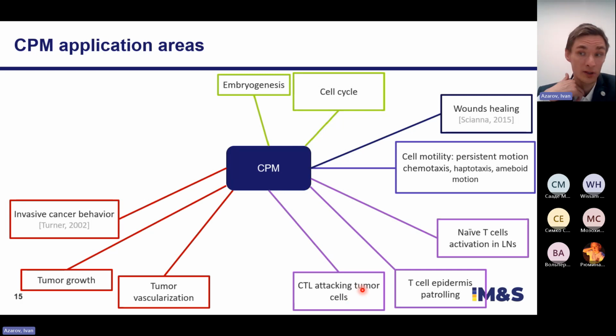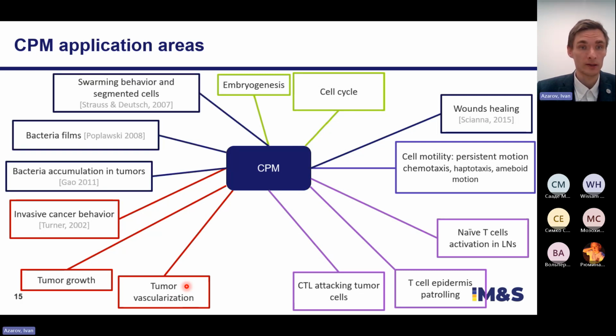Then, if you talk about application to oncology diseases, CPM also can help when we describe invasive cancer behavior, tumor growth in form of, for example, 3D spheroids, tumor vascularization, and it was a long list of such works.